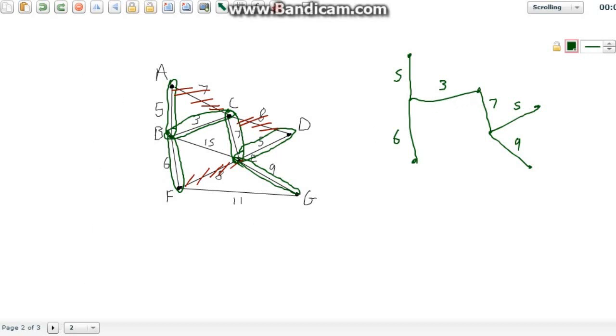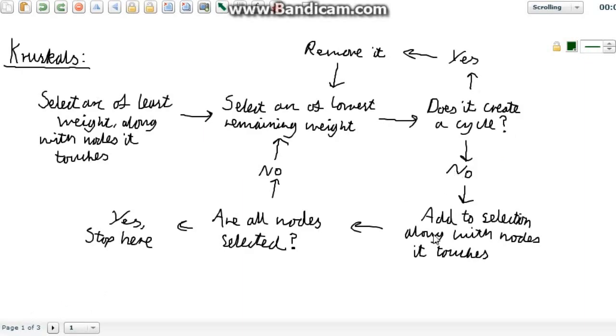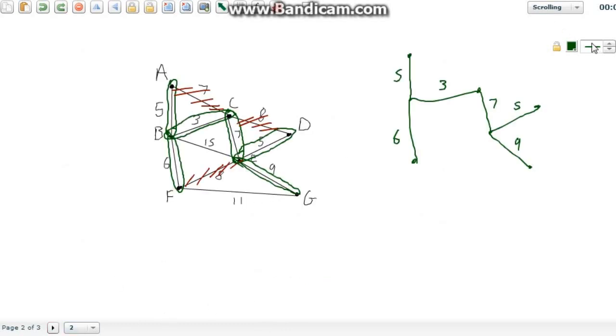One thing to remember that I probably should have been more precise about is that when I say are all nodes selected, it should also be and connected. So I'm going to write that on there. That is because it could be possible to have, say this was your graph, just a square, and it had lines here, like that, and they were valued 2, 3, 4, and 5.